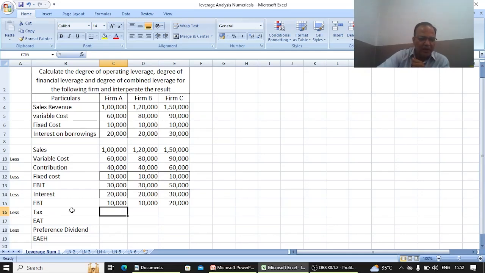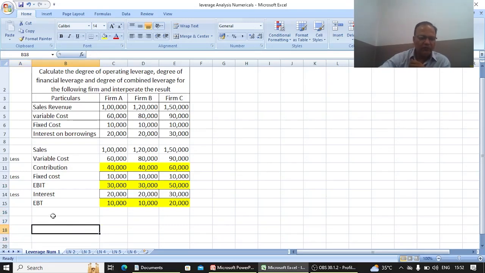Actually this is a complete format, but here we use only these three figures: contribution, EBIT and EBT. These three figures we need. Now let's erase the waste thing.